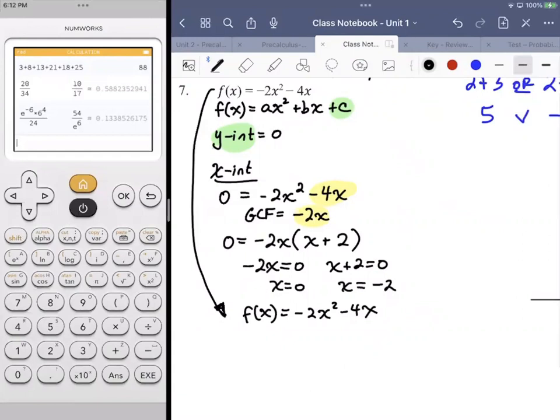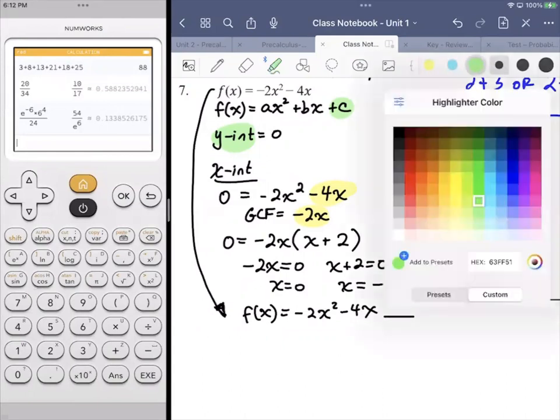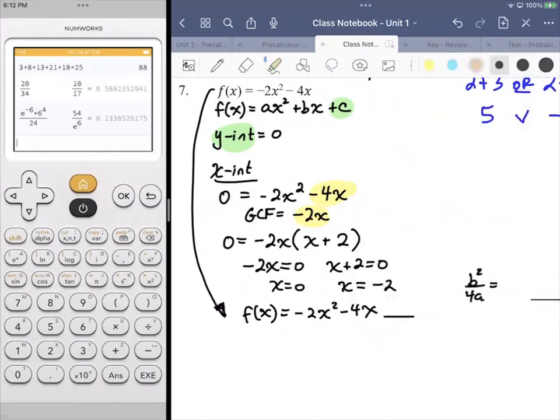But I will create the blank space and compute b squared over 4a. I'll use a little color coding here. So my b value is right here. My a value is right here.